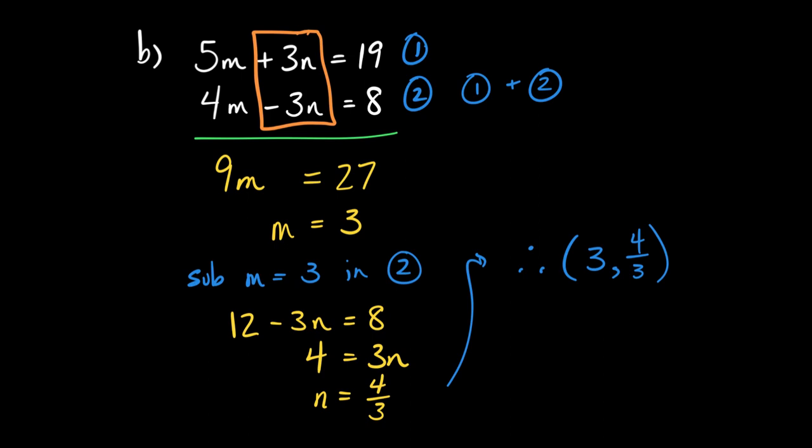My decider then becomes, okay, well, should I add them together or subtract them in order to eliminate? And something that can really help you out: look at the signs on the two terms. If I have one term that's a positive and one term that's a negative, I have opposite integers.